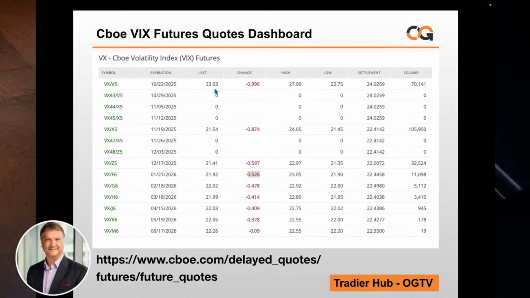But you see the plethora of difference as far as volatility is concerned. When this screenshot was captured, the nearest term expiration was at 23. The expiration that we're trading was at 21.54. And then if you go out to the November monthly expiration, we're down to 21.40. And then, what the heck, February's at 22.